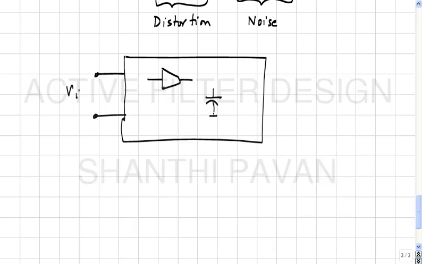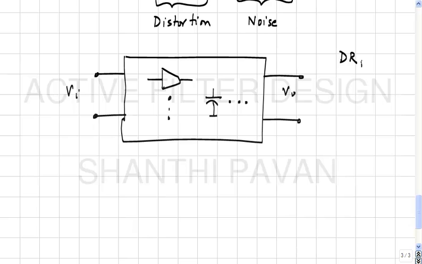Okay. And this is some output. Okay. All right. So, now let us say this filter has got some dynamic range dr1.